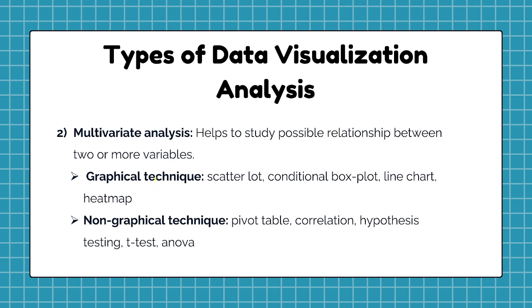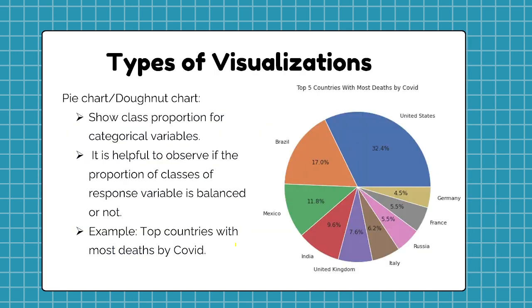For graphical technique, if we want to investigate two variables, we can use scatter plot, and we can apply conditional box plots, line chart, heat map, and other statistical representation. For non-graphical method, we can use pivot table, correlations analysis, or we can conduct hypothesis testing such as t-test, and also we can apply analysis of variance that we call the ANOVA. Right.